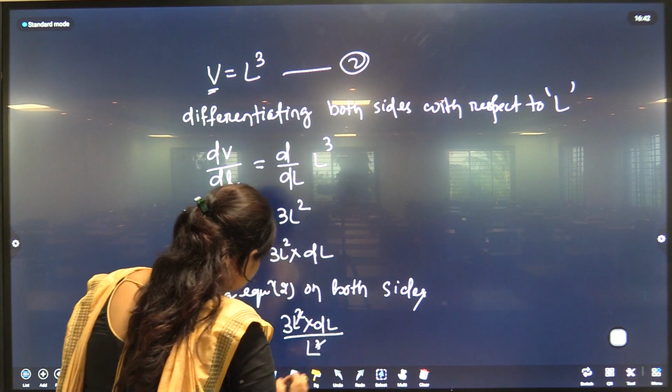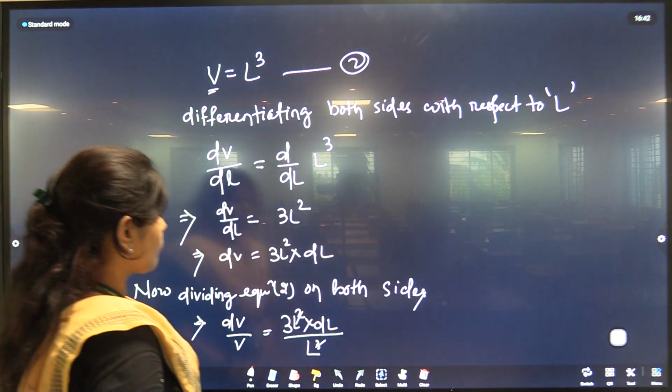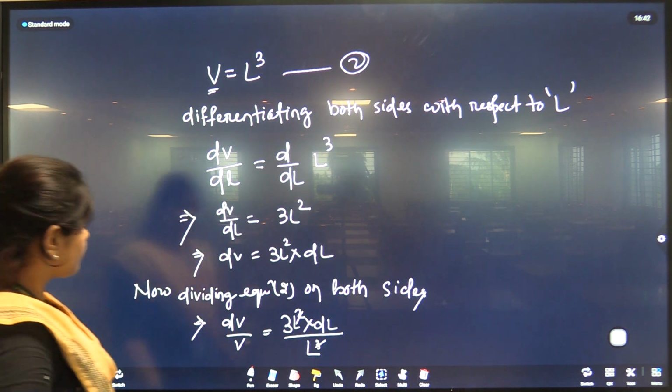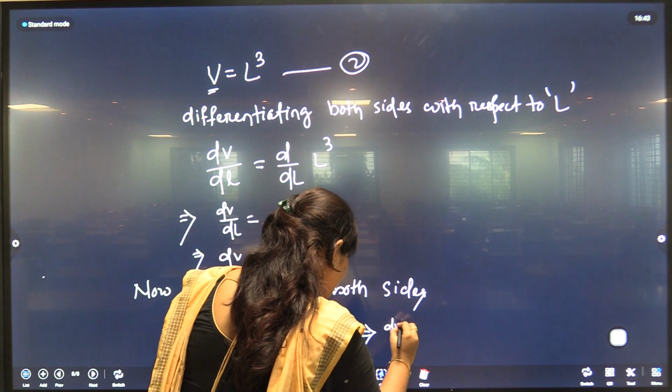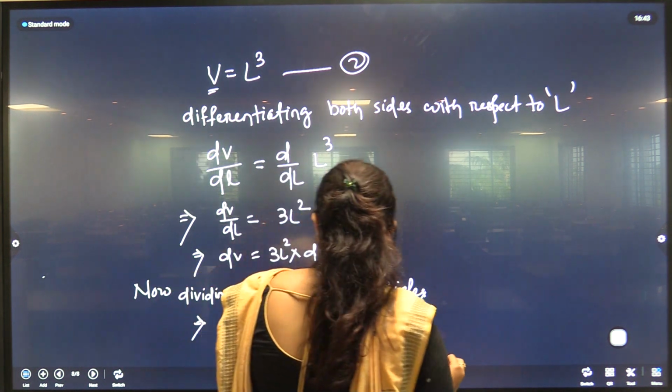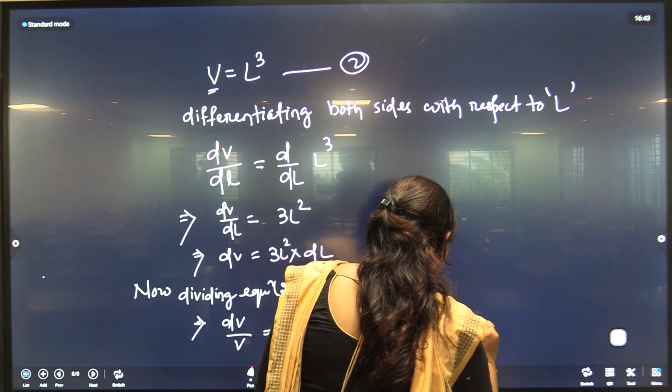L square and cube cancel. dV by V equals 3 into dL by L.